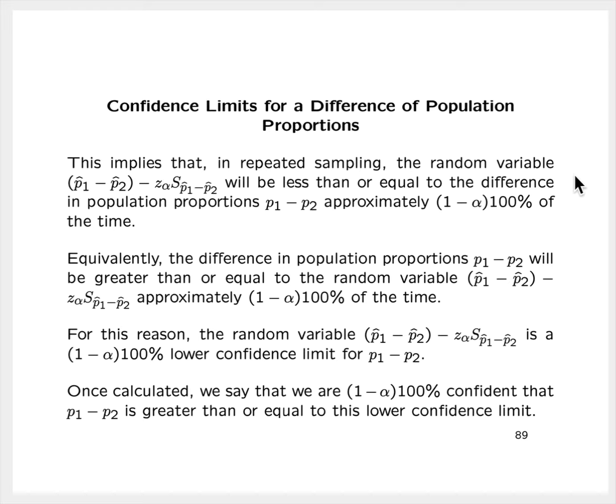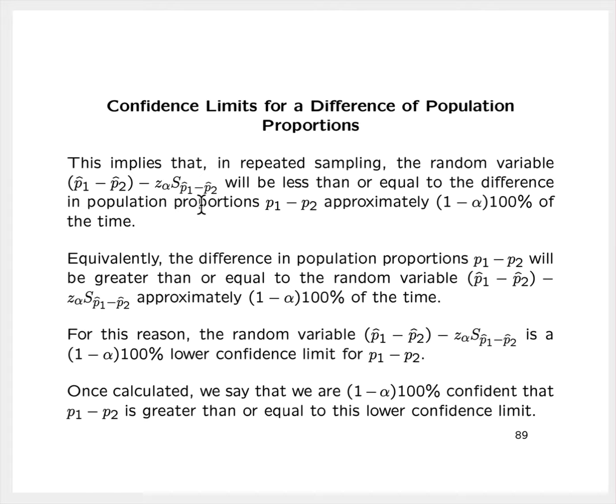And so this implies that in repeated sampling, the random variable P1 hat minus P2 hat minus z sub alpha times the estimated standard error of P1 hat minus P2 hat will be less than or equal to the difference in the population proportions P1 minus P2 approximately 1 minus alpha times 100% of the time.